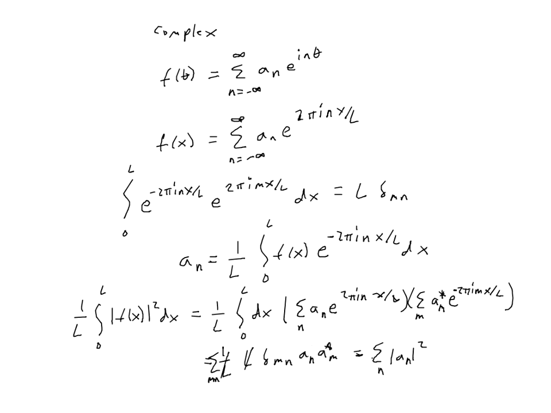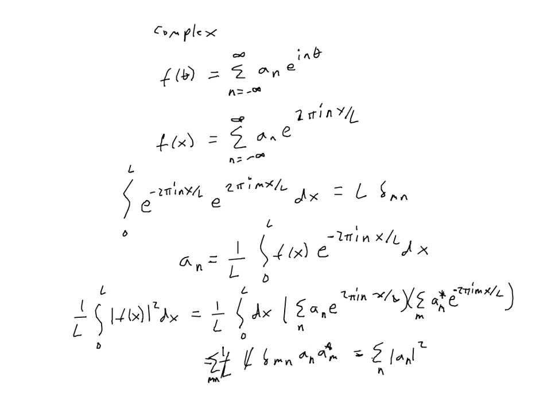And what this means, if you get rid of all this junk in between, is that if you take the magnitude of f of x and you integrate it over all different range of x, okay, and divide by L, then the result is the same as if you just sum up all of the coefficients, that coefficient squared.